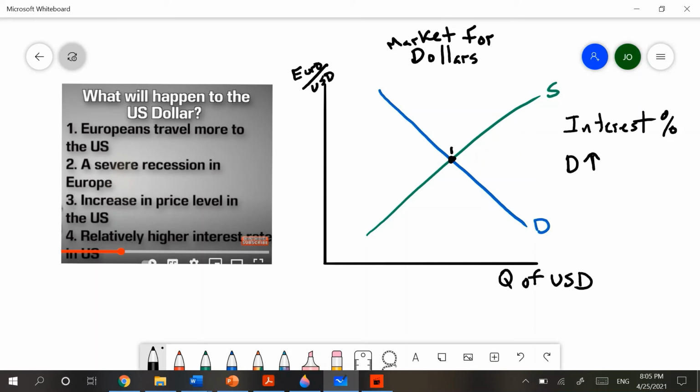The demand for dollars is going to increase from Europeans, and since US assets are giving very good returns, Americans, the suppliers, are going to reduce the amount of dollars that they put on the foreign exchange market. So my supply is going to decrease. So let's go ahead and draw that in.